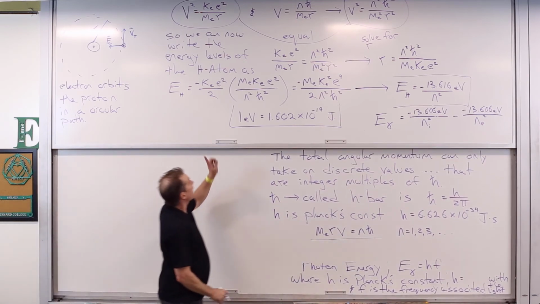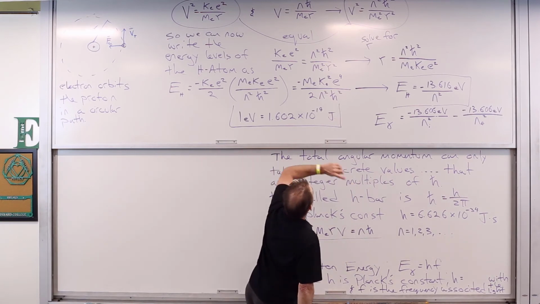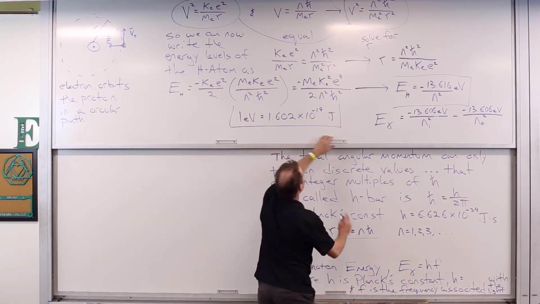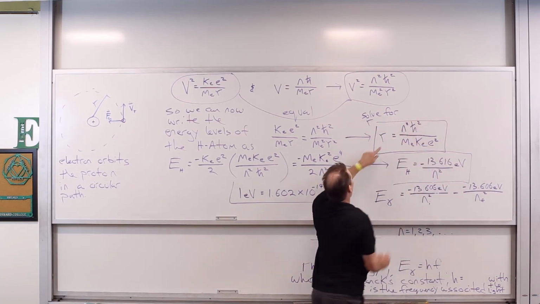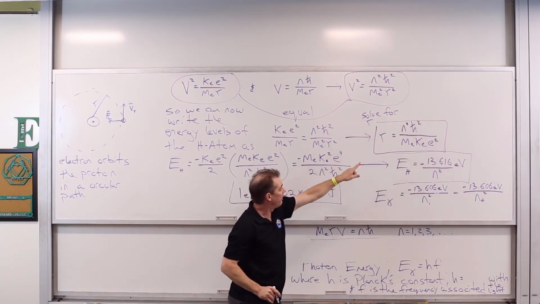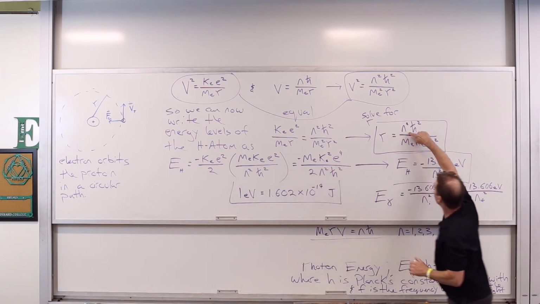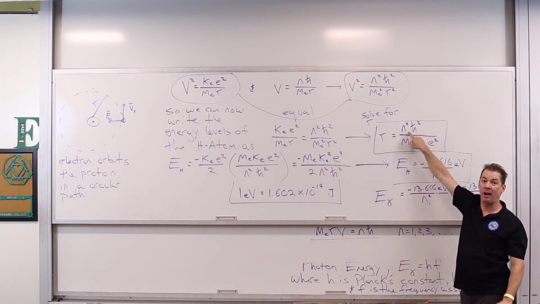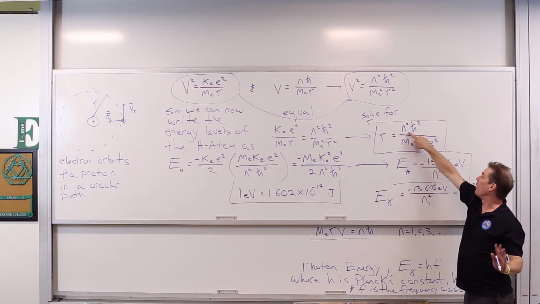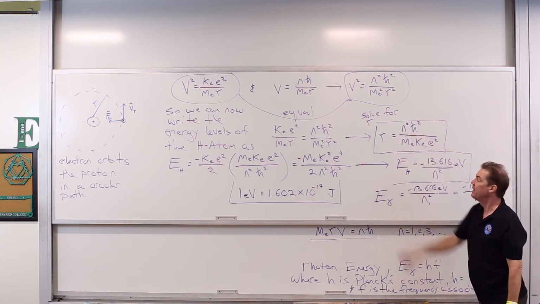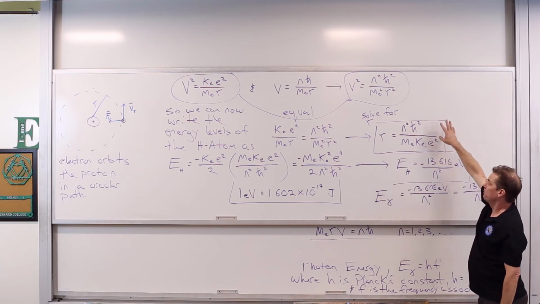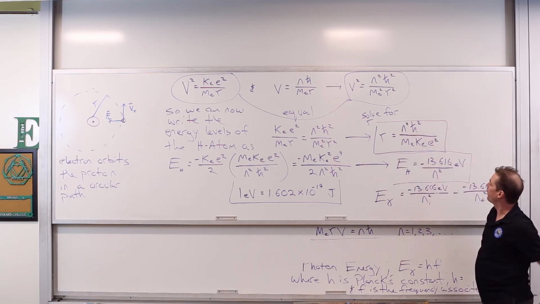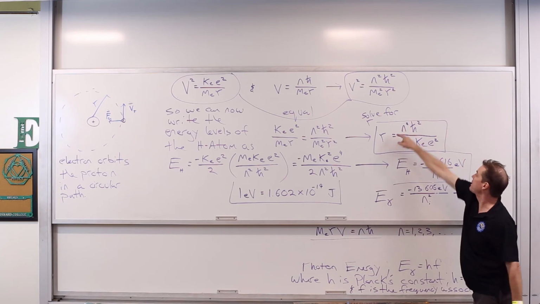So if we go back to one of these expressions, this one right here, this gives us the orbital radii of the electron based upon what energy level it's in, based upon what we're going to call the principal quantum number n. So this ultimately spells out to just a numeric value except for n.